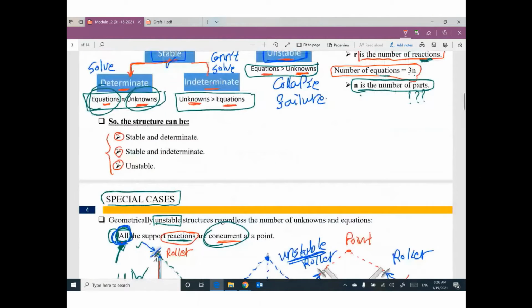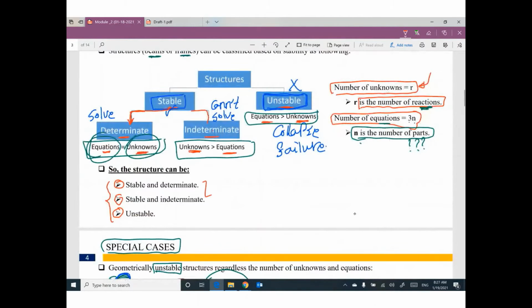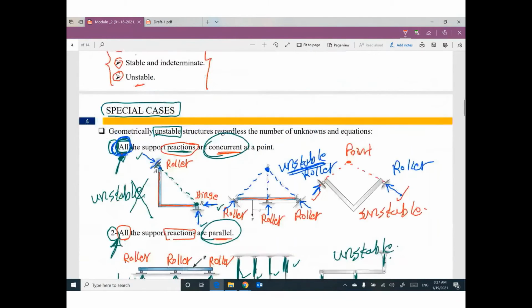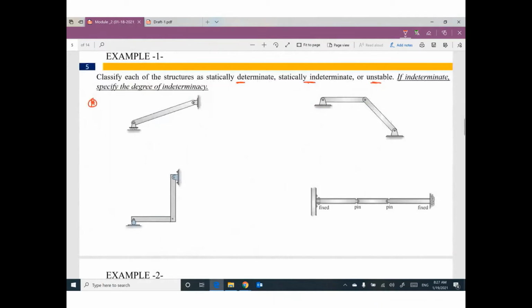We have 3 categories only. You need to tell me if this structure is stable and determinate, stable and indeterminate, or unstable. Statically determinate means stable, determinate; statically indeterminate means stable, indeterminate; or unstable.